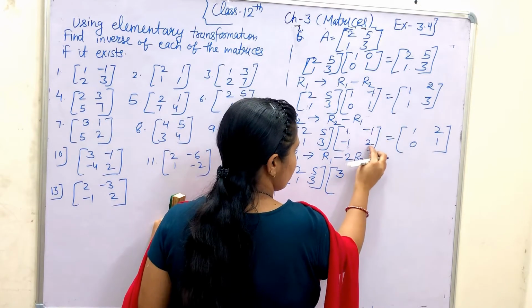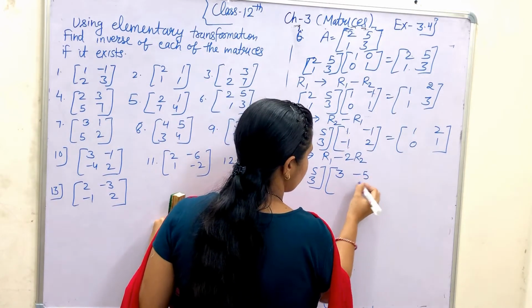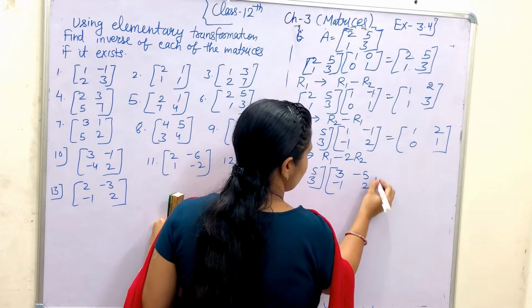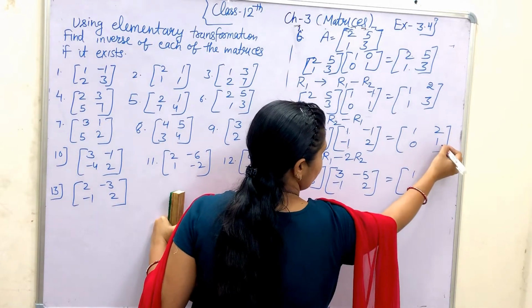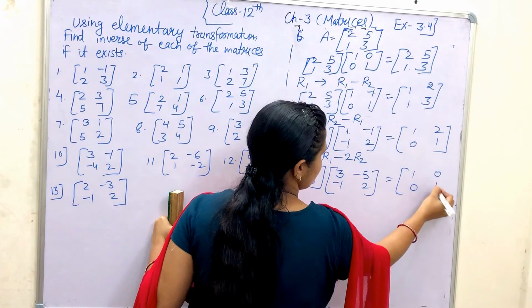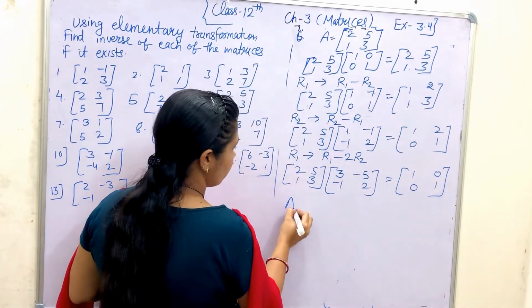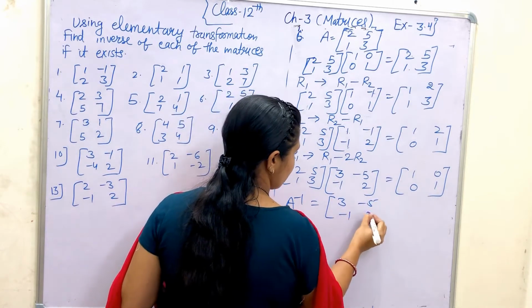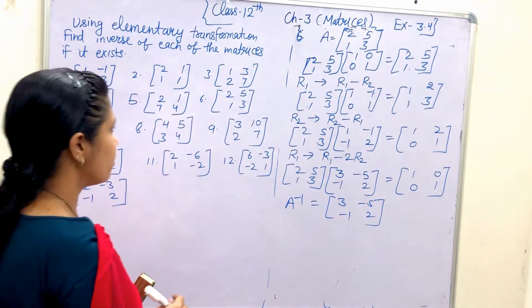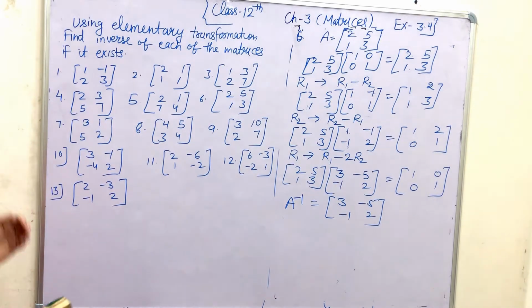Here minus 1 minus 4, minus 5. Minus 1, 2. Here we get 1 minus 0, 0. 2 minus 2, that is 0 0 1. So we get our A inverse, that is 3 minus 5 minus 1 and 2. This is our solution of question number 6.